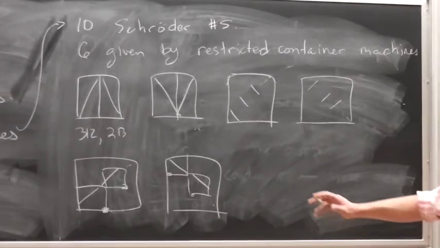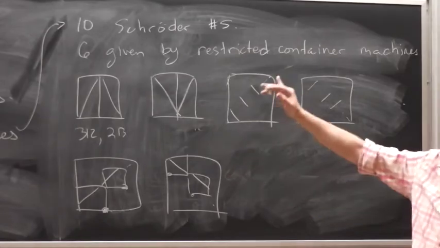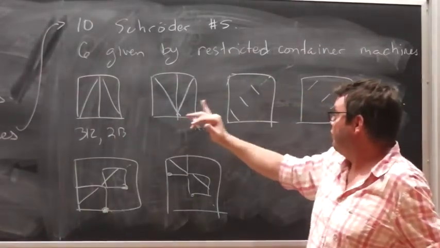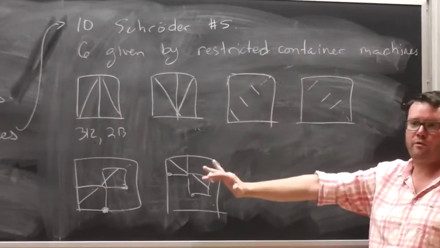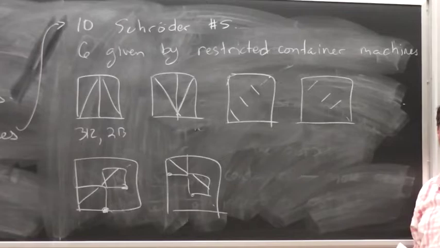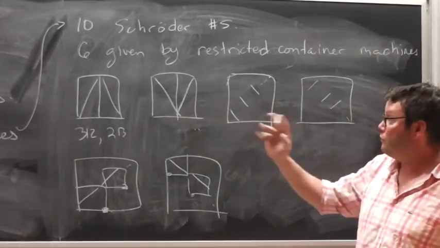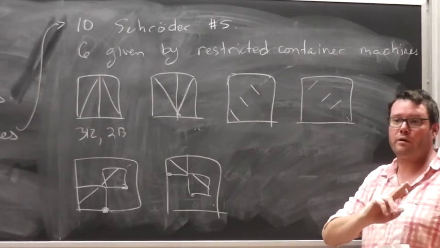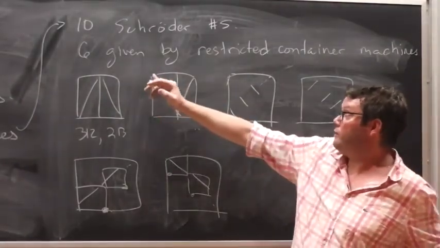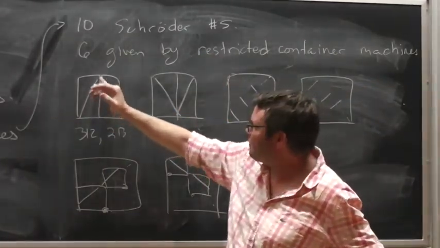Now, once you show that one of these is counted by the Schroeder numbers, it's trivial they're all counted by the Schroeder numbers. Because if you think about what we can do when we push into containers that are restricted like this, if the container's empty, there's only one thing we can do. But if any of these containers have at least one entry, there's 2 places we can put the next entry. Here, maybe the V is the easiest way to see it. We can put the new entry on the beginning and the end. In the alpha, really there's a maximal entry already in there.